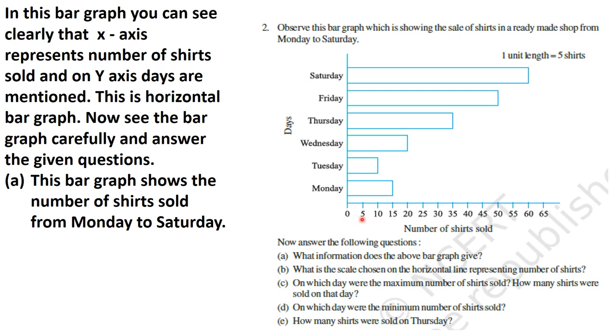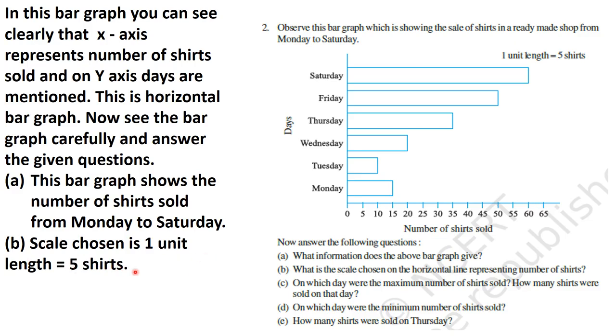Scale means the gap of 2. Okay, and see here it is written 1 unit length equal to 5 shirts. This is called a scale. So this we will give the answer. Scale chosen is 1 unit length equal to 5 shirts. Clear?